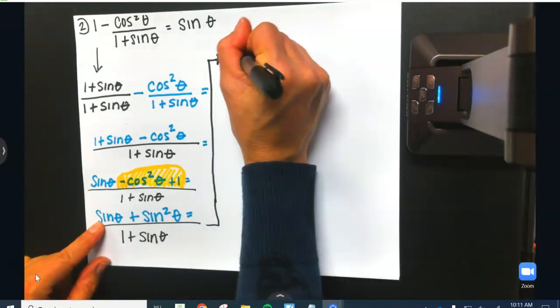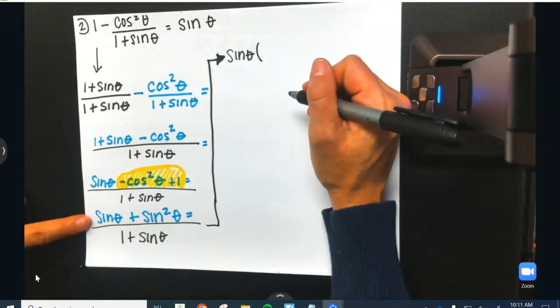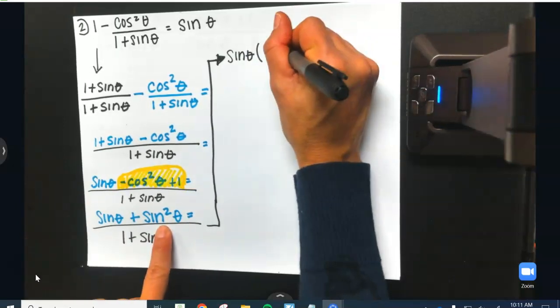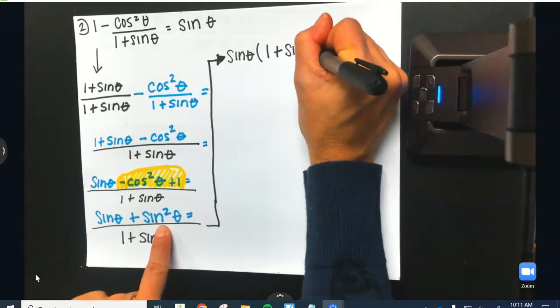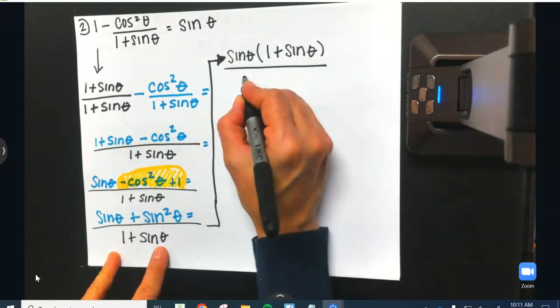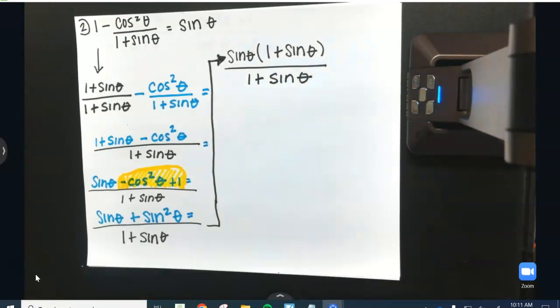Let's factor out sine theta. So when I factor out from that term, it's going to be a 1. When I factor out from this term, there's just going to be 1 left. Does anything cancel out now?